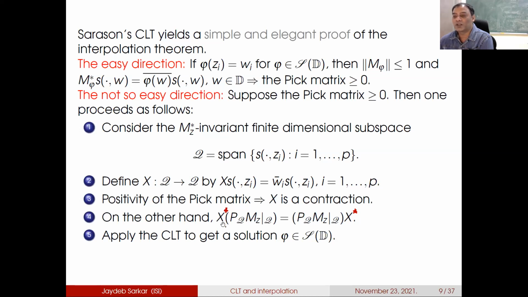By construction, you can easily prove that X star commutes with the compression of M_z star, and then just use Sarason's commutant lifting theorem to get the solution. This is the way one usually gets the proof of Nevanlinna-Pick interpolation. In other words, if you have the lifting, then this comes automatically. And this strategy works pretty much the same in all other applications as well.